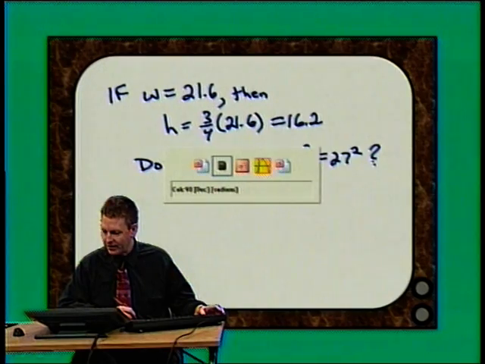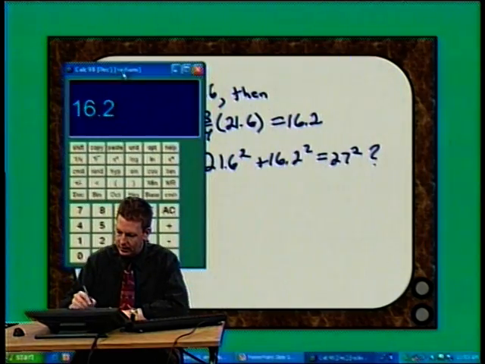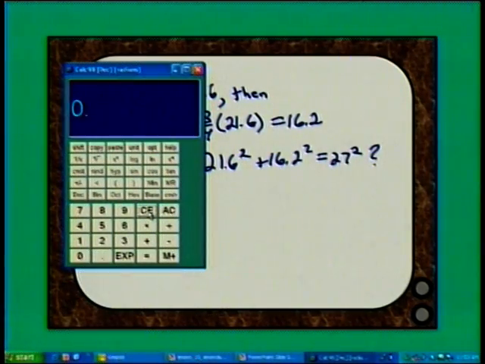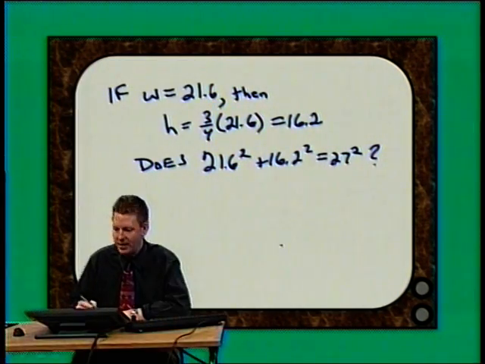So let's get out the calculator. 21.6 squared plus 16.2 squared equals 729. Well, is that the square of 27? Well, one way we could check that is we could hit the square root key and make sure that we get 27. And sure enough, we do. So 27 squared is indeed 729. Our solution checks. So let's write our conclusion.